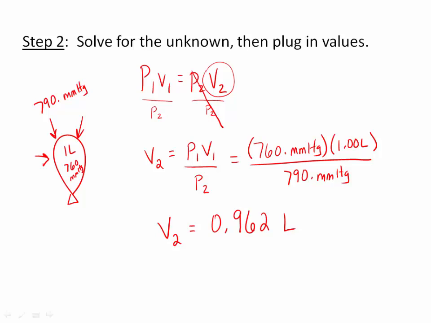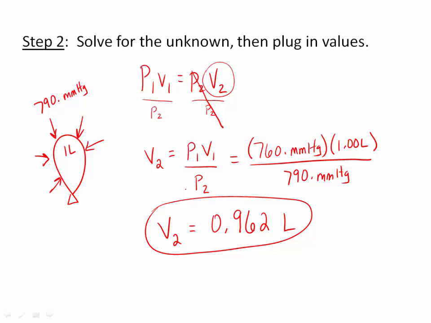And we know that if the atmosphere is pushing down on the balloon more, the balloon is going to shrink. Is it going to shrink a lot if it went from 760 to 790? That's only a tiny percent difference. No, it's not going to shrink a lot. It shrinks just a little. So we went from 1 liter to 0.962 liters.